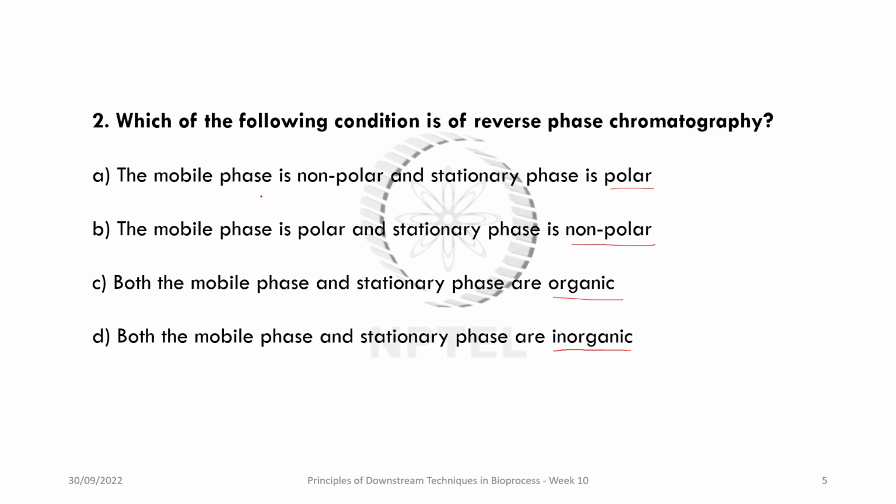So what is it? Generally, what do you have? So what is a normal phase chromatography? I mean, you don't really call them normal phase, but I'm just hinting so that what is generally observed is reversed in some sense, and that's why you called it reverse phase chromatography, right?